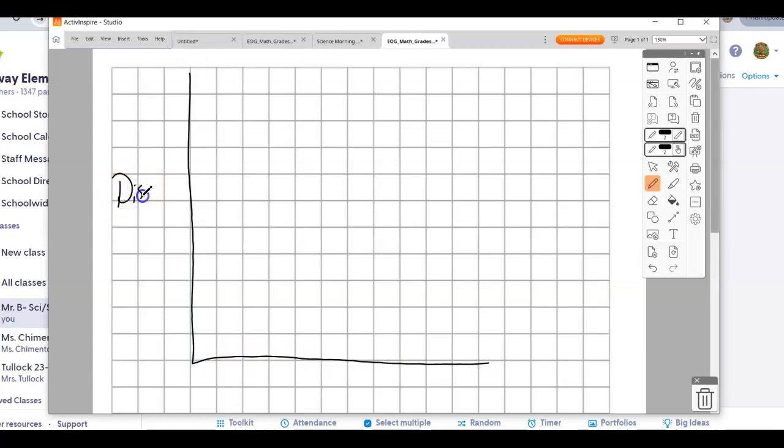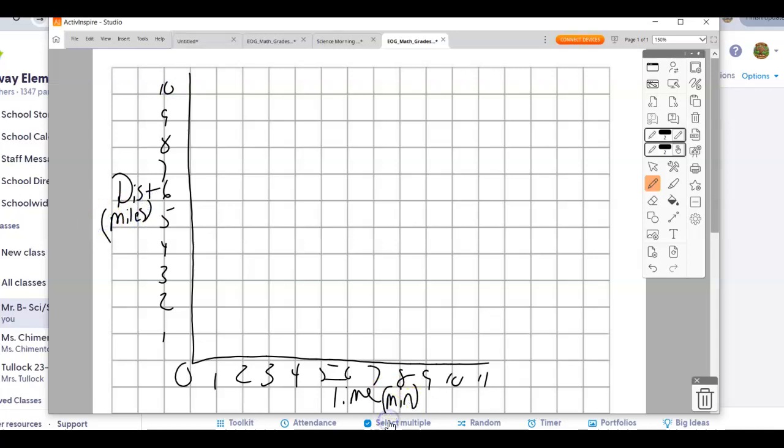On a distance time graph, miles for minutes.